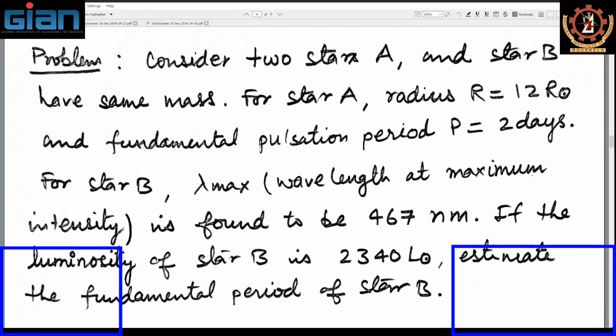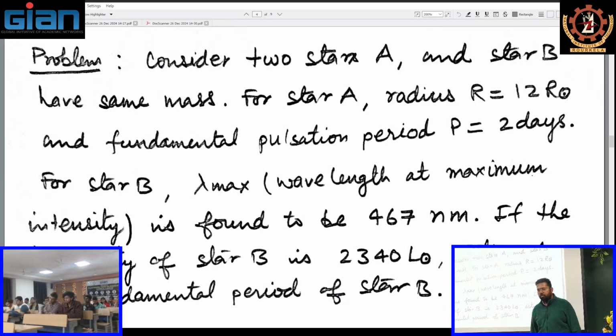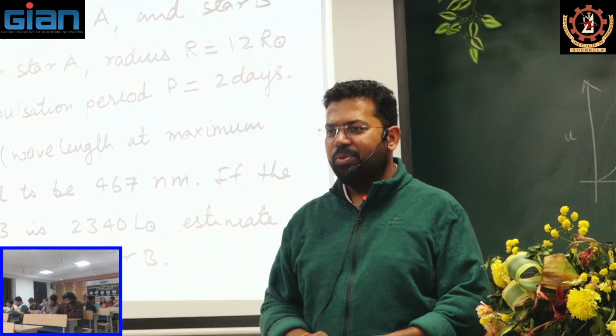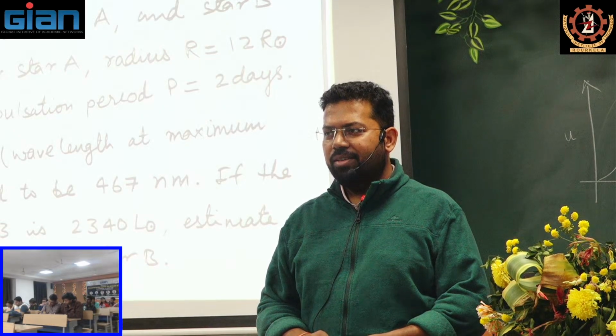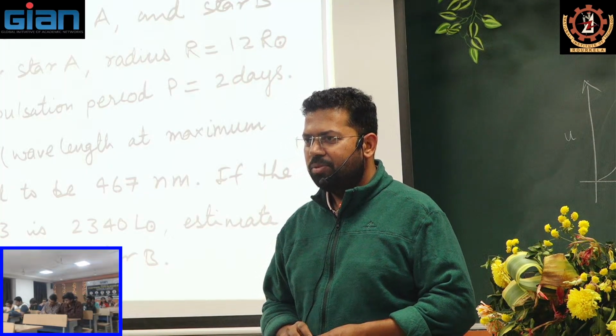For star B we have lambda max, and in addition we have the luminosity, given in terms of solar luminosity, 2340 times the solar luminosity. Do you have any idea how we can compute the fundamental period associated with star B?